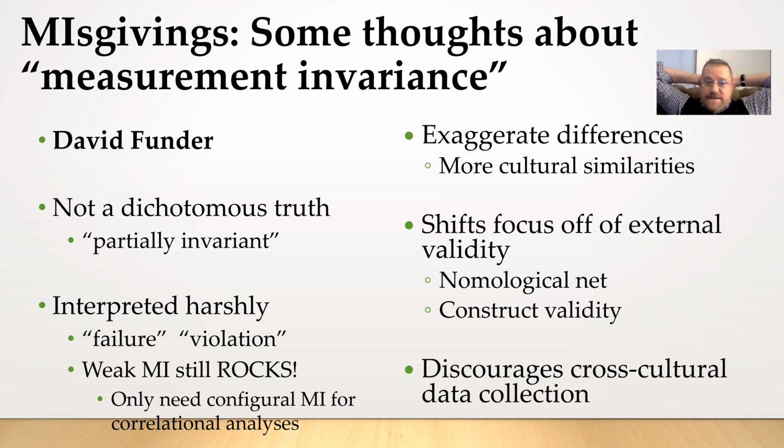What he means by that is, maybe a measure doesn't have full uniqueness or even scalar invariance across two cultures, but if it fits into the nomological net the same way and predicts outcomes in people's lives in the same way, then it's still a valid scale and worth using. That gets to predictive invariance. He didn't use that term, but it's not all about having a perfectly invariant measure, because you also care about predictive invariance.